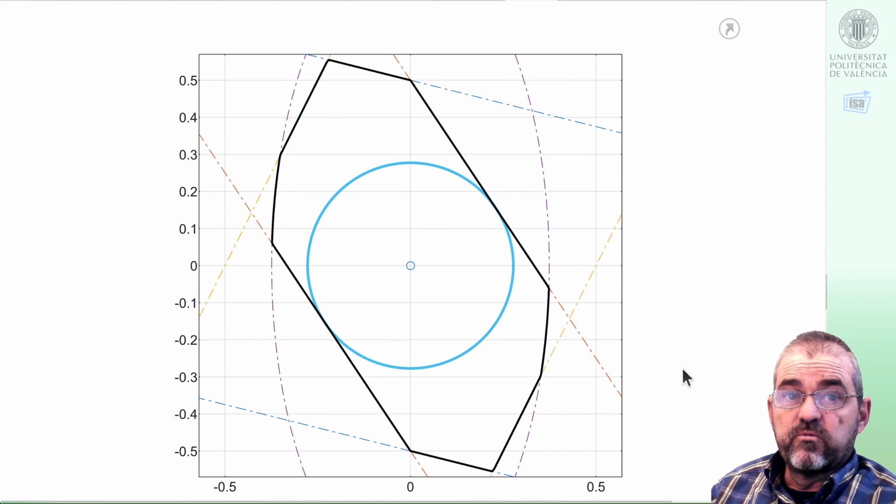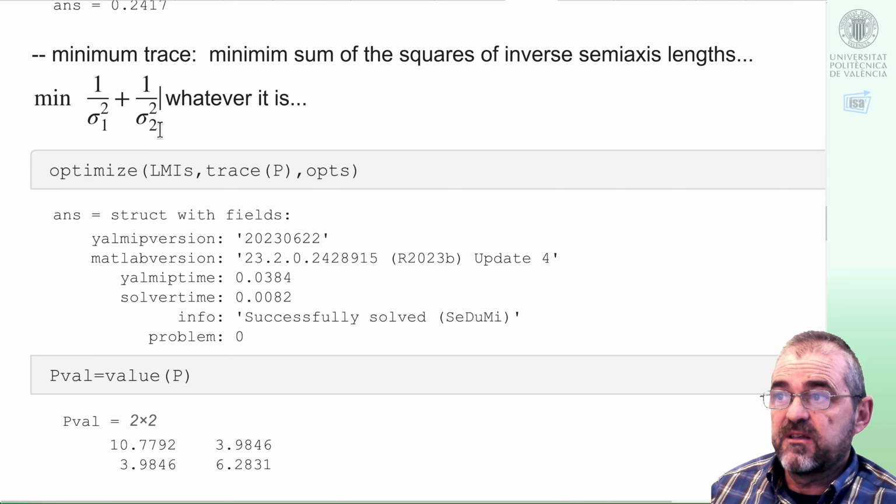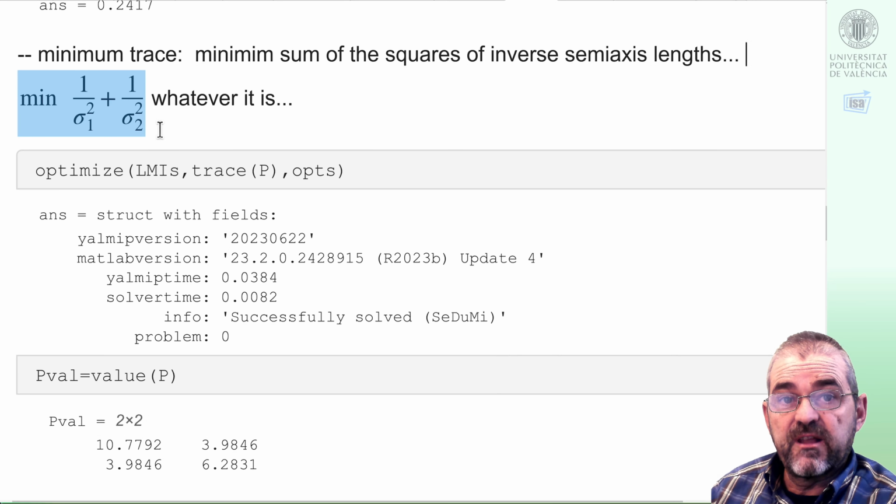Of course, we may say, what happens if we just minimize the trace of P? Well, minimizing the trace is also a convex optimization problem. It minimizes the two eigenvalues of P with equal intensity, but as the eigenvalues of P are inversely proportional to the squared length of the axis, we are making the ellipse large by minimizing this thing, where sigma 1 and sigma 2 are the half axis lengths.